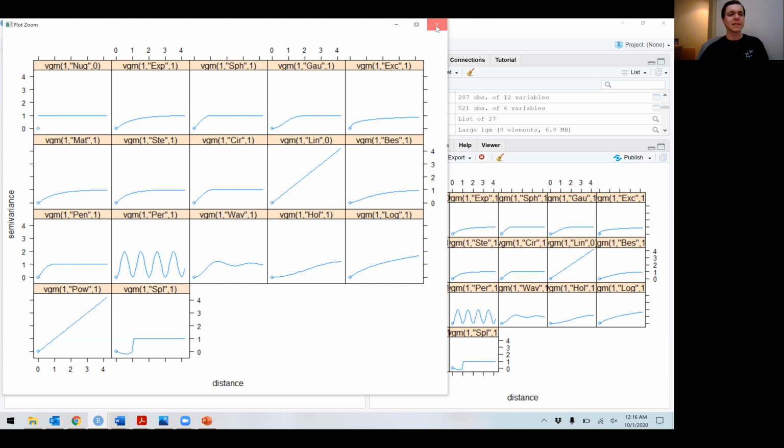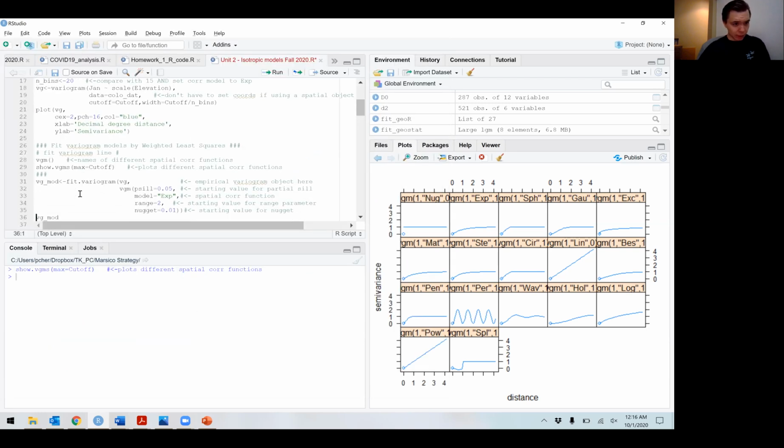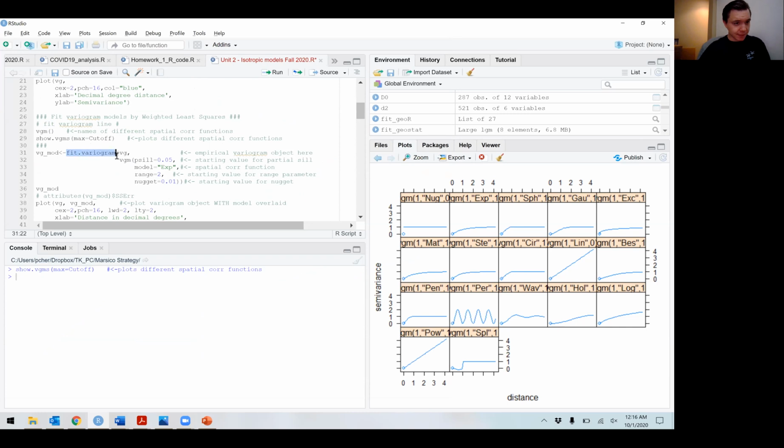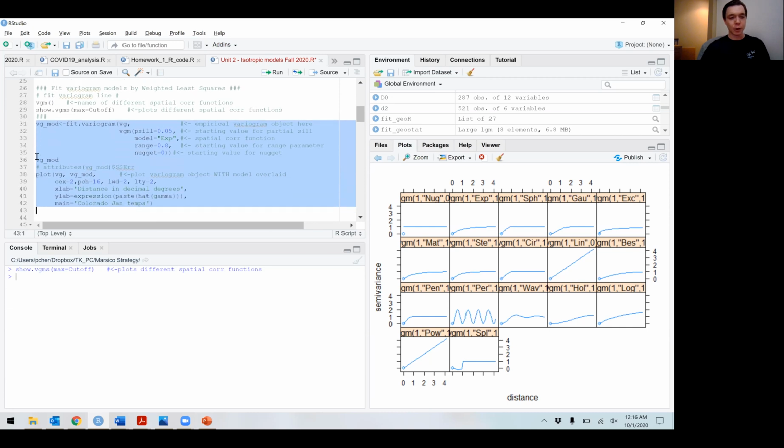Let's take a look at what happens here. I will use this fit.variogram function. Here is the empirical variogram. I have to give it starting values, just like I did for the likelihood-based model. These should look fairly familiar. I'm using the exponential. I think my range parameter I can start at 0.8 as it was before, and for the starting value for the nugget, I can put it down to 0. And the neat thing this allows me to do is to actually overplot.